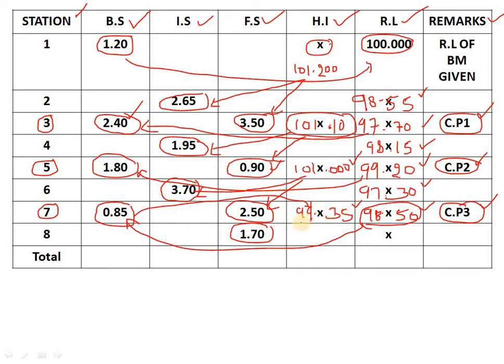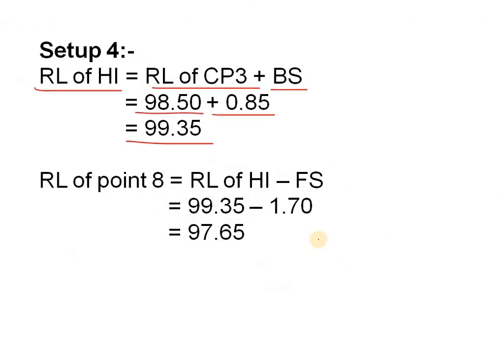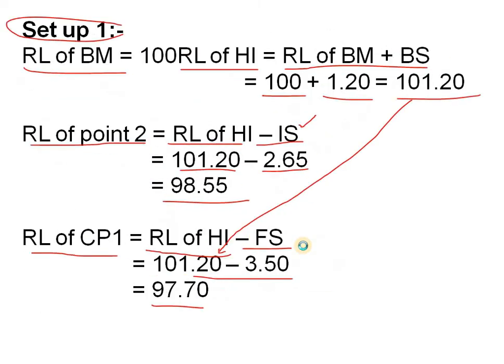Now we have got the height of the instrument at the 7th point. From this, 99.35 minus 1.70, we will get the RL of the last station. RL of the last point is equal to the height of instrument of the 7th station minus FS, equal to 99.35 minus 1.70. We will get 97.65.